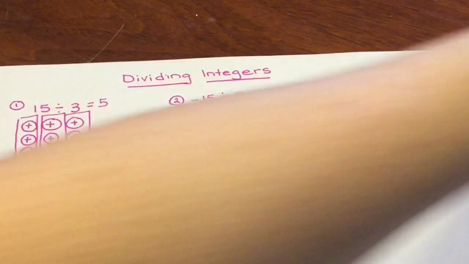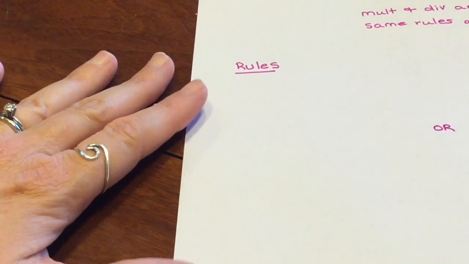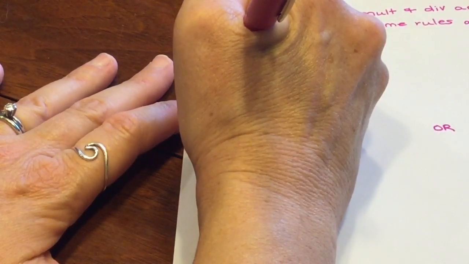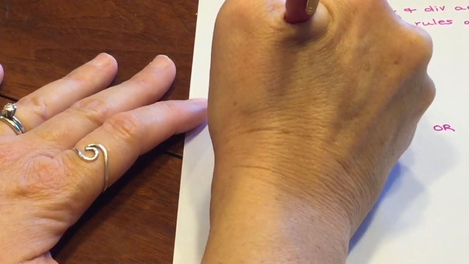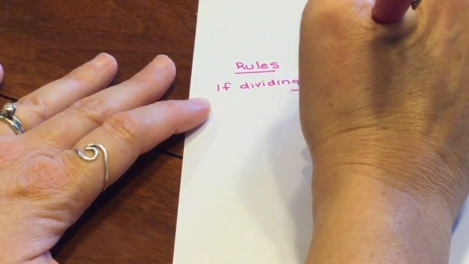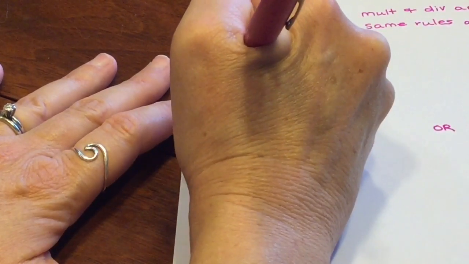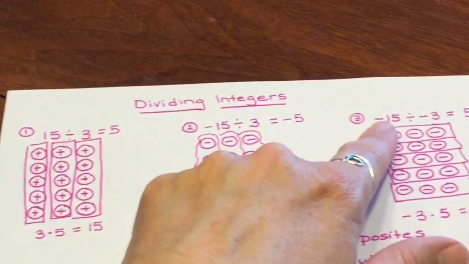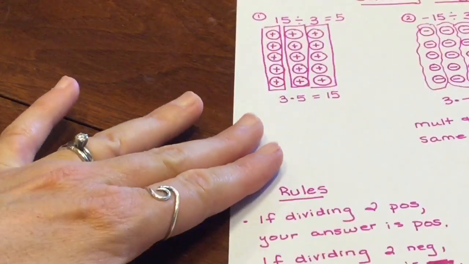So let's write a summary of the rules on here. If you're dividing two positives, your answer is positive. When we look at our third example, a negative divided by a negative gives us a positive.